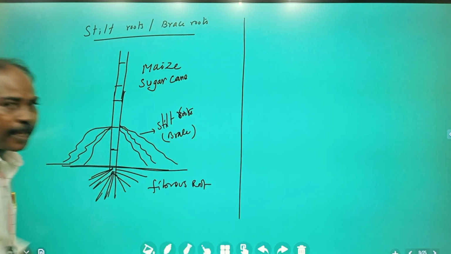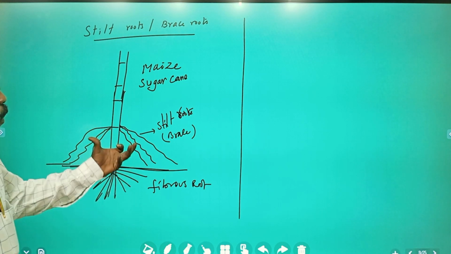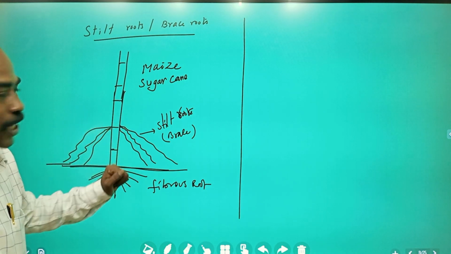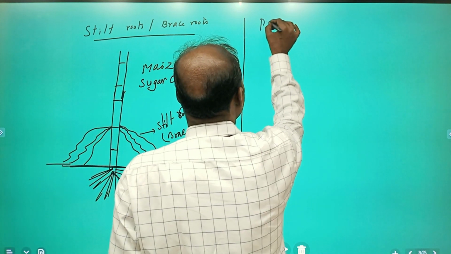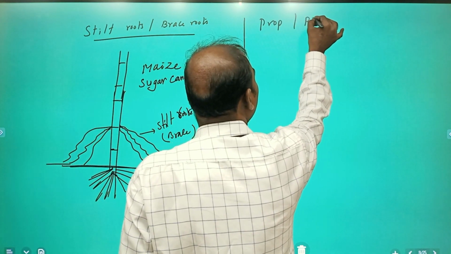This is one of the adventitious roots. We gave the example, fibrous root having adventitious roots, for example maize. And another one is a prop root or pillar root.